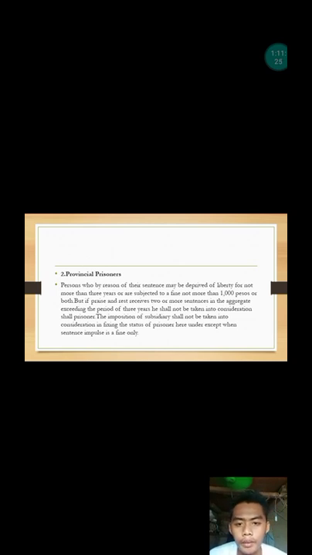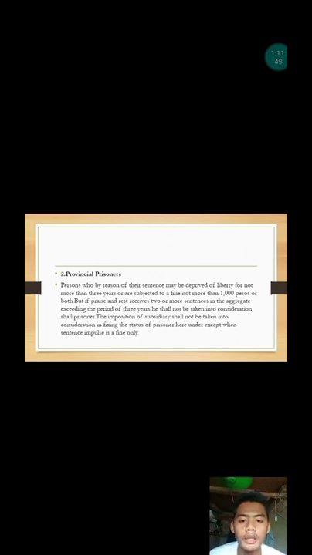Provincial prisoners are persons who by reason of the sentence may be deprived of liberty for not more than 3 years, or are subjected to a fine of not more than 1,000 pesos, or both. But if the prisoner receives 2 or more sentences in the aggregate exceeding the period of 3 years, he shall be considered a national prisoner.